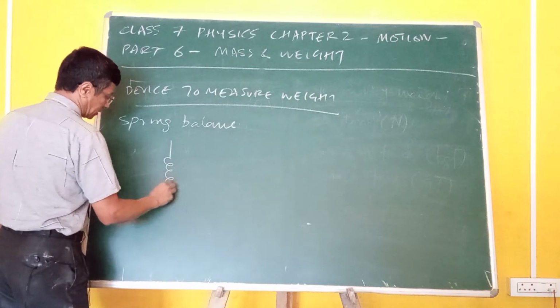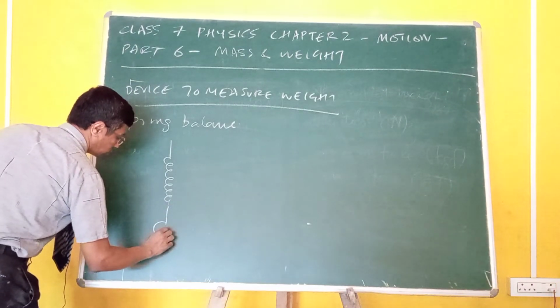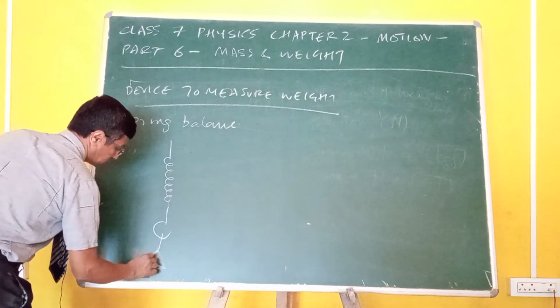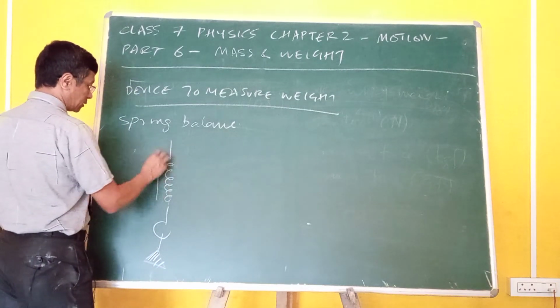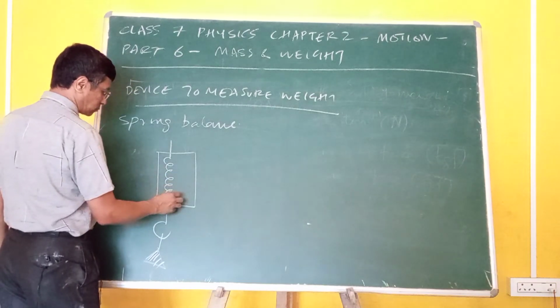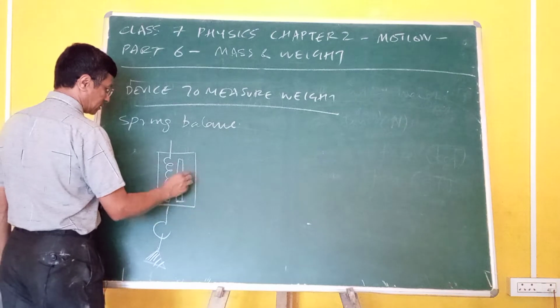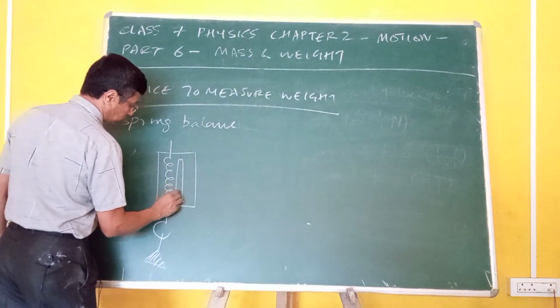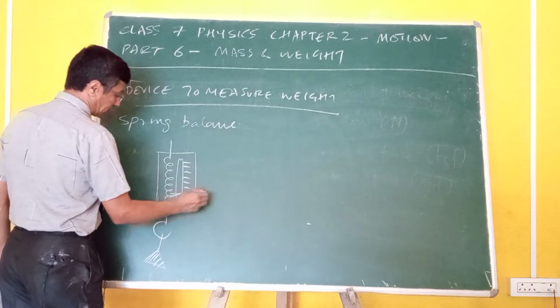It basically consists of a spring, and at the end of it there's a hook where you can hang the weight of the body that you're trying to measure, and this is enclosed in a box in which there's a slit through which we can see a pointer attached, and there's a graduation marking here.